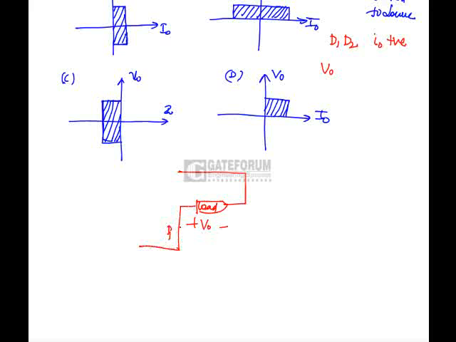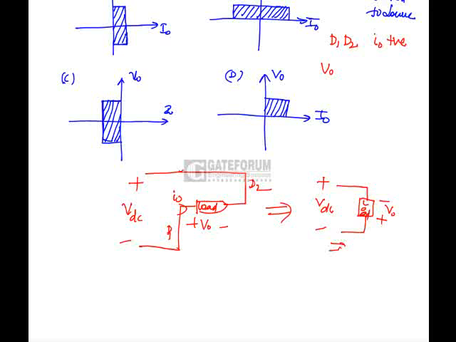This is D1 and this is D2. The input voltage is plus minus VDC. Now what is V0 here? The direction of current is the same, so it is positive. The total voltage VDC is going to appear across V0. I can redraw this as plus minus VDC, this is a load, and this is minus plus V0.